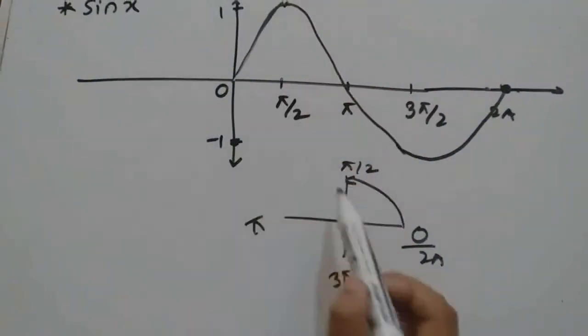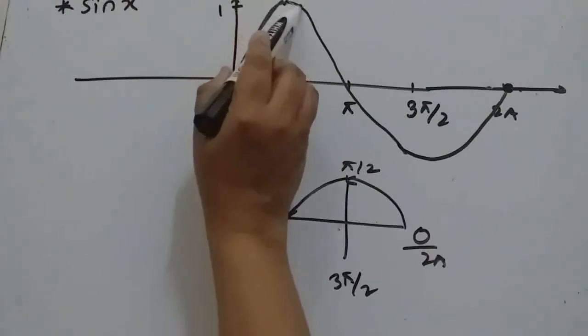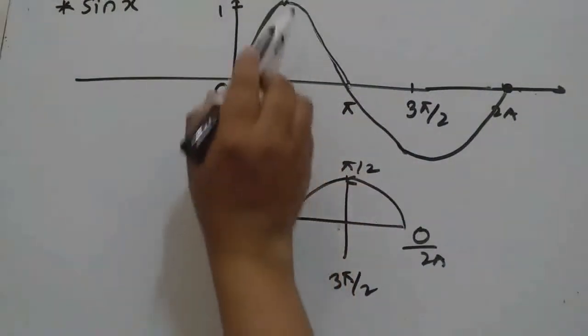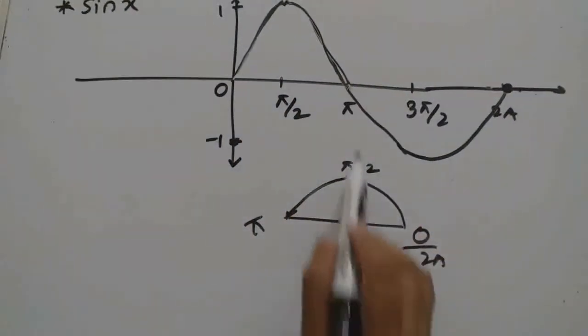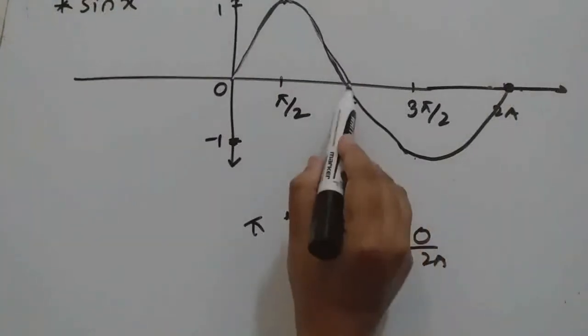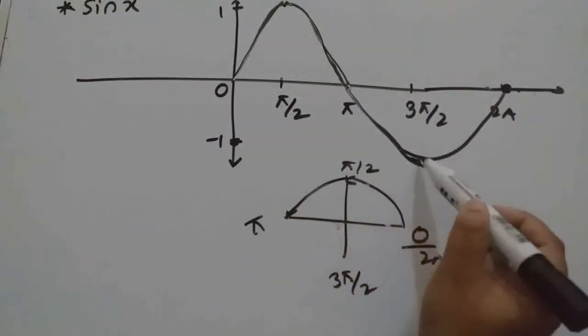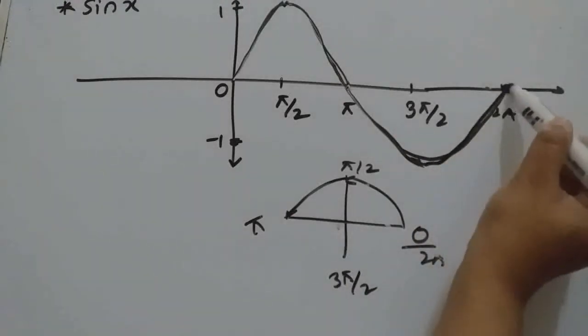Now in the second quadrant, pi by 2 to pi, sin x is decreasing from 1 to 0. The value is decreasing. And in the third quadrant, pi to 3 pi by 2, it is decreasing from 0 to -1, and then in the last quadrant it is increasing from -1 to 0.